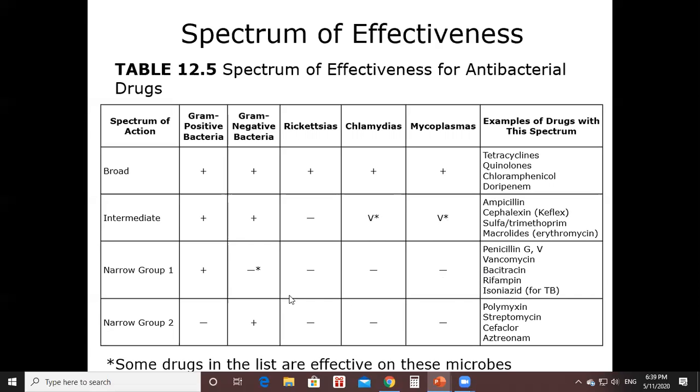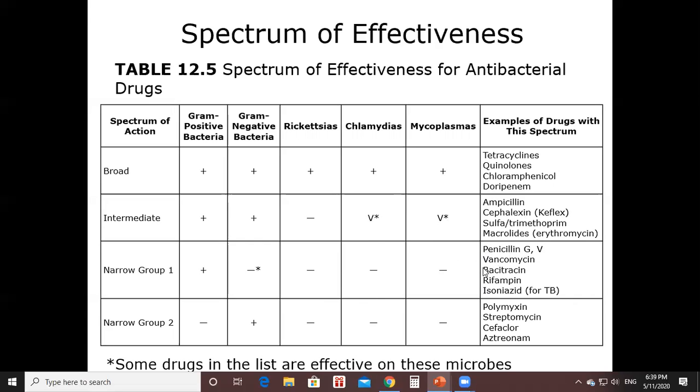Then you have the narrow group. This is where we have the penicillins. Even though penicillin was the first antibiotic, what we found out later is it was only effective on gram-positive bacteria. But gram-positive bacteria make up a lot of the bacteria that affect us, so it was very effective.